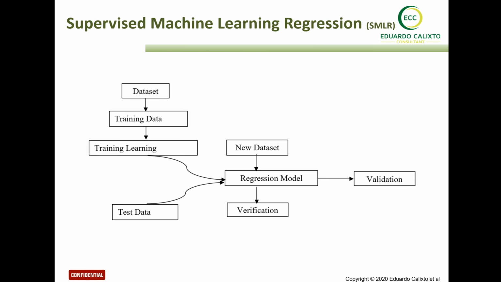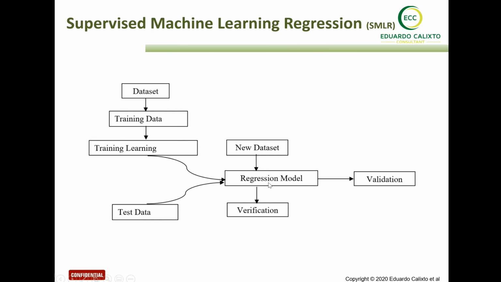Then, of course, we want to have a regression model. What does the regression model do? It will predict the future thickness of corrosion in order to predict when this thickness will reach its limit. That is the general concept that we have when we apply regression.